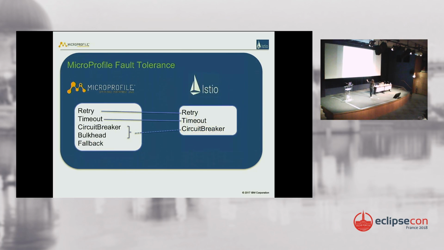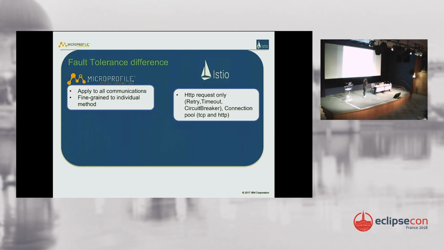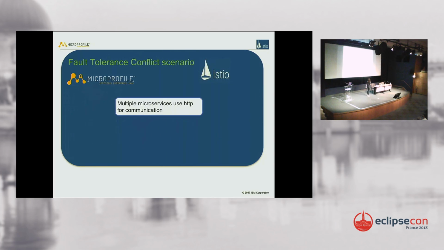The next one is fault tolerance. Istio can do these 3, MicroProfile can do these 5. But Istio will need to rely on MicroProfile fallback to do the fallback, because Istio cannot do that. The other big difference is that MicroProfile can handle all sorts of fault tolerance, and Istio can only handle HTTP requests, and it can only do retry, timeout and circuit breaker.